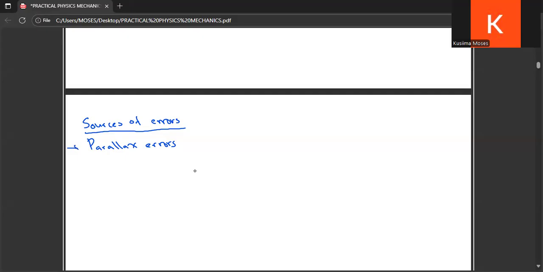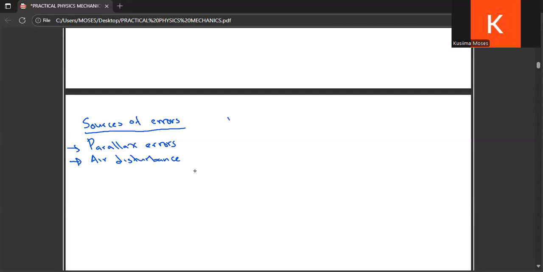So by taking 10.0, it creates an error in your results. Another one is going to be air resistance or maybe air disturbance. Air disturbance disturbs you from being able to get the balancing point. So those are sort of errors.